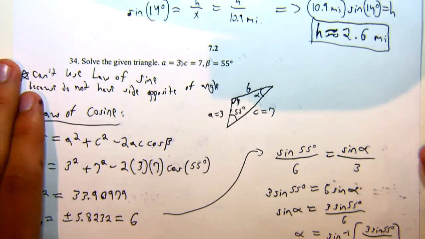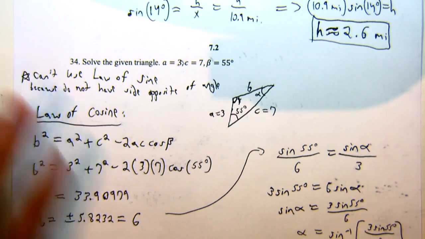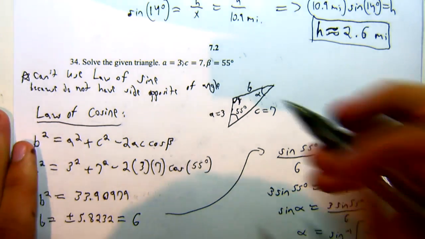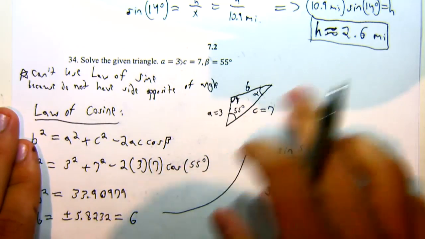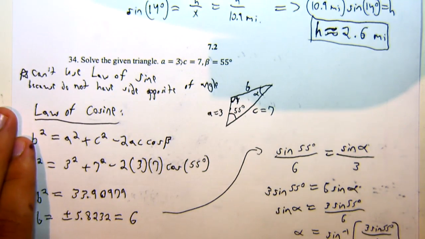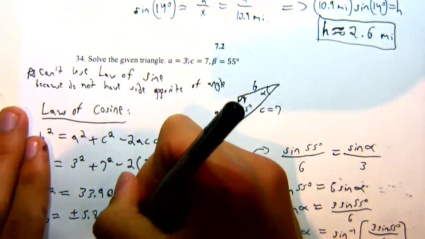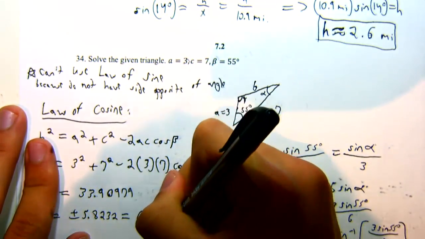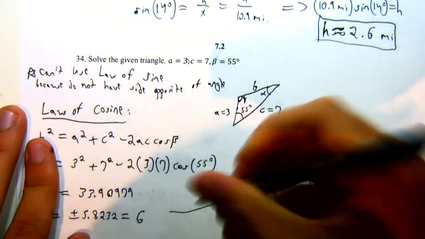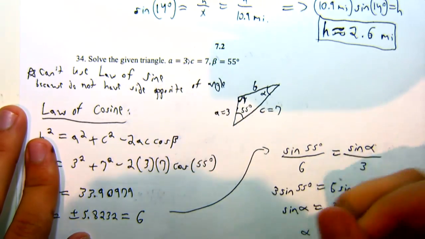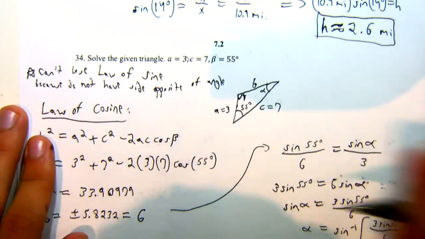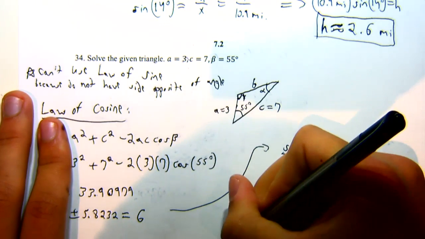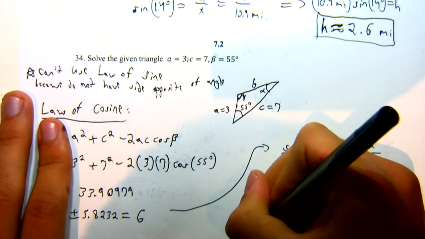All right. And now we can use that angle, since we have another angle, to find gamma, using our knowledge of triangles having a total angle of 180 degrees. So we can do 180 degrees minus 55 degrees minus 24 degrees equals 101 degrees, and that's gamma.